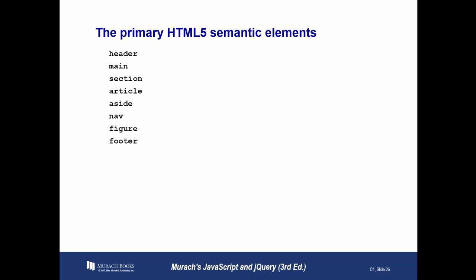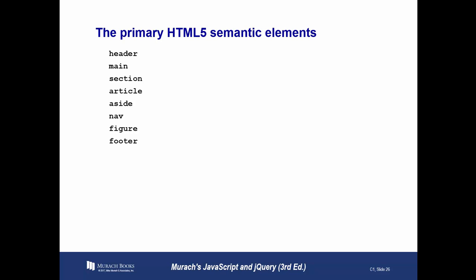But although that language is still used, and although XML is still used, probably about 10 or 15 years ago, people got together and said, you know what, let's bring back HTML and make it do what we want it to do. One of those things they wanted it to do was to be more semantic.